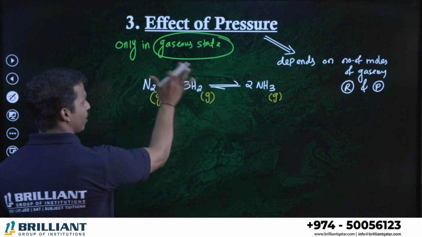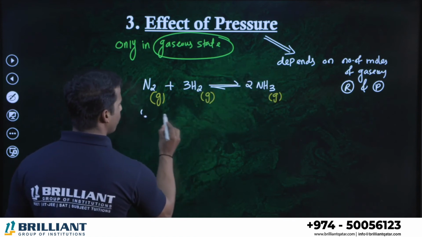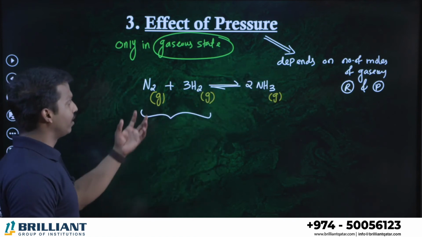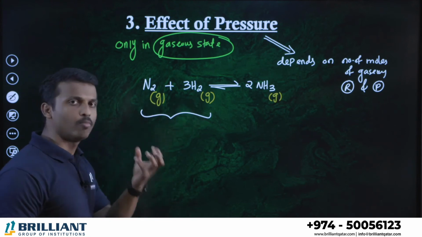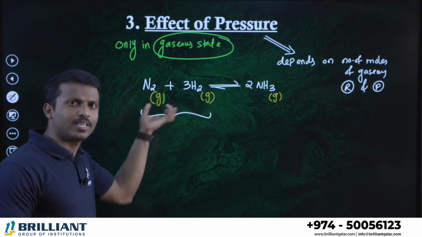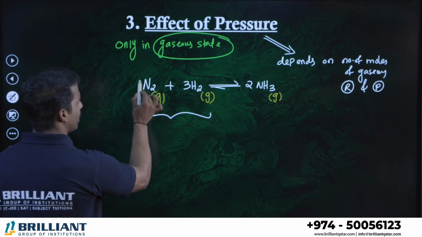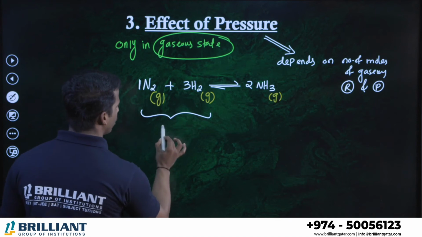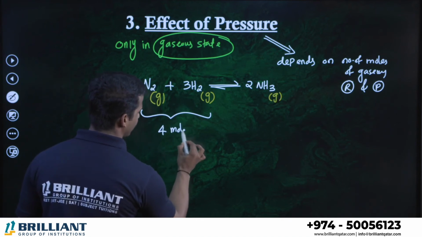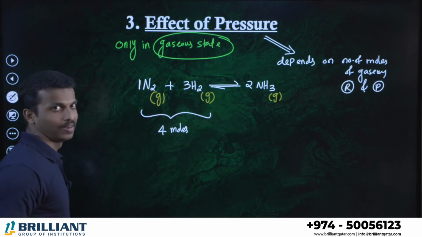This is your reactant, this is the product. How many moles of gaseous reactants are there? Here both are gases. What is the number of moles? Just take the coefficients. 1 nitrogen, 3 hydrogen. Total 1 plus 3, 4 moles of gaseous reactants are there. Clear?